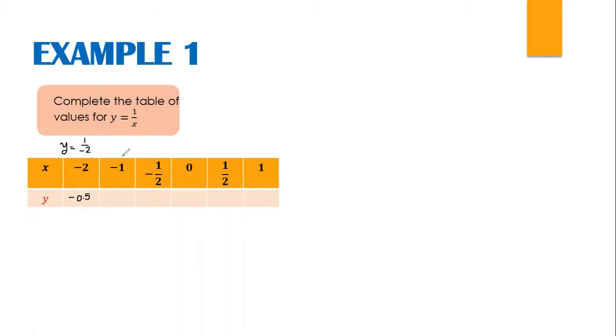So what about x equal minus 1? By the same function, y equal 1 over minus 1, we got minus 1. So what about minus a half? y equal 1 over minus a half, we got minus 2.